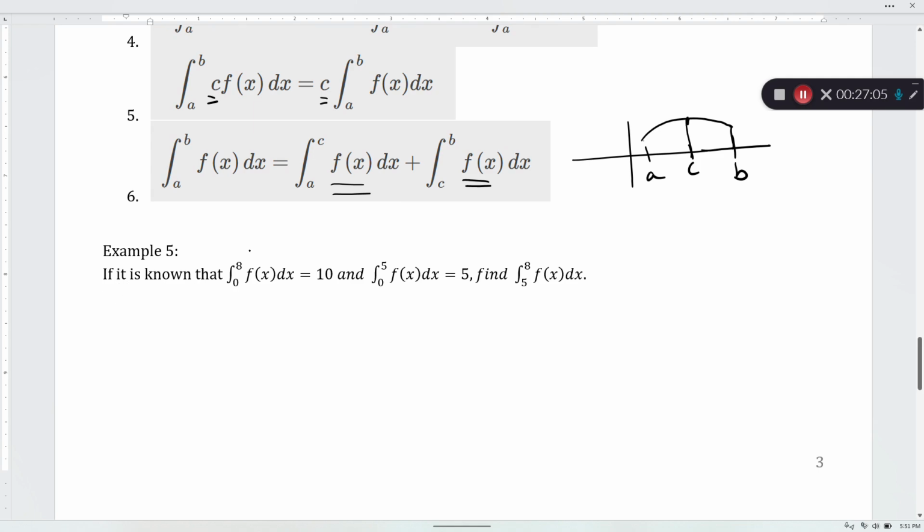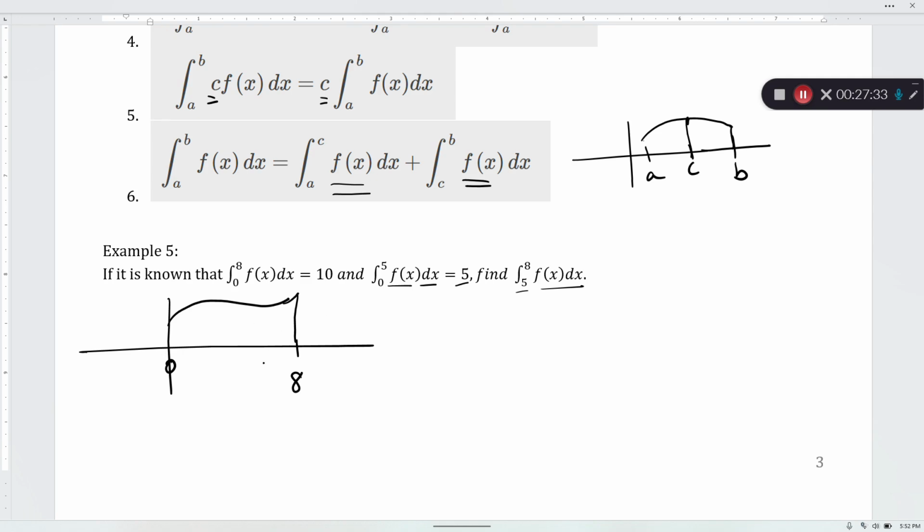If it is known that the integral from 0 to 8 of f of x is 10, excuse me, and the integral from 0 to 5 of f of x with respect to x is equal to 5, find 5 to 8. Well, visually, if we know 0 to 8, and all of that is 10, we'll do it this way.